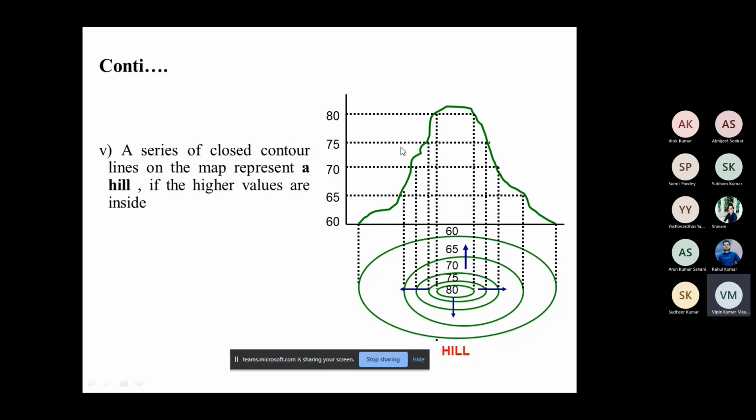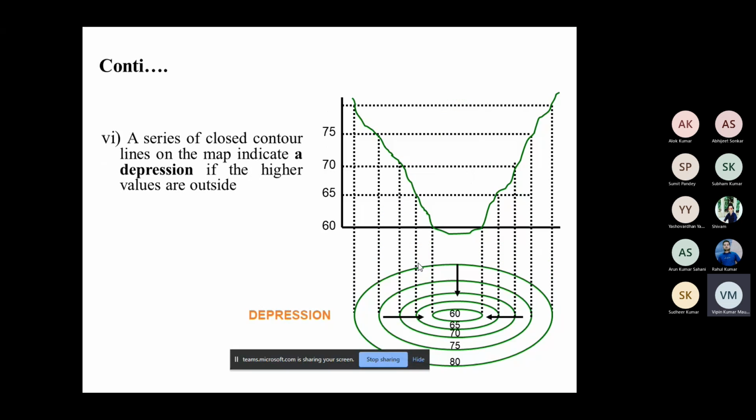You can see it in side view and top view also. And it's the opposite if the value is increasing from inside to outside, then it must be a depression. So based on your surface, the contours will be different. This is how you can interpret contour maps.